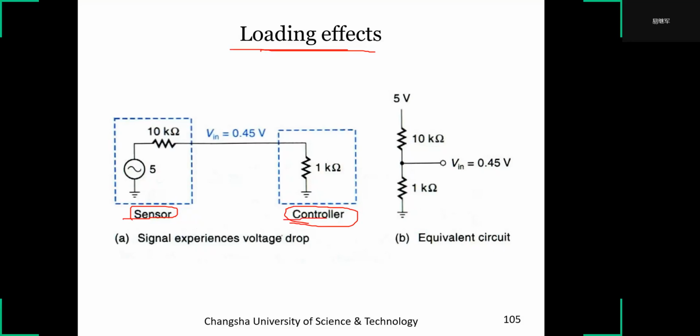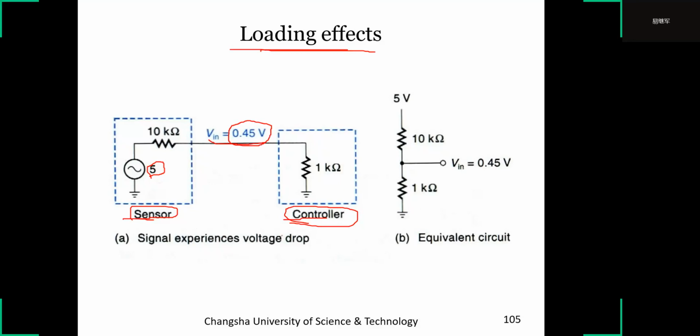If we just connect the signal to the microcontroller, the signal generated from the sensor is 5 volts, and the voltage before the controller is 0.45 V.